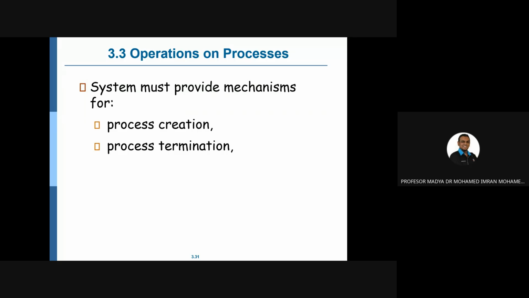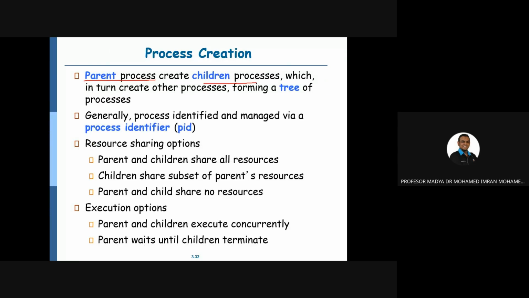Tetapi dalam operating system dia berbeza. It has to create a process and terminate a process. So once you double click a program, it actually creates a process. So how does it? We have to understand the definition first.